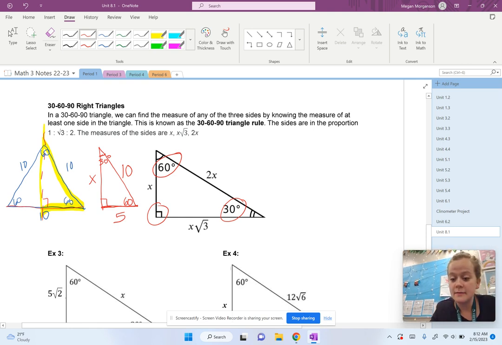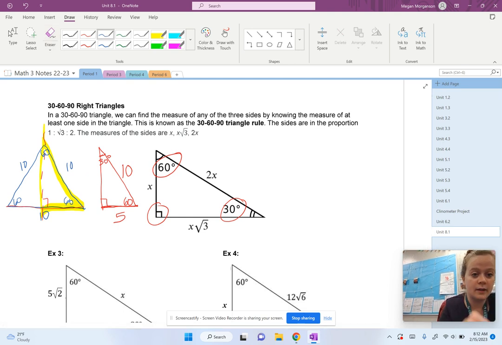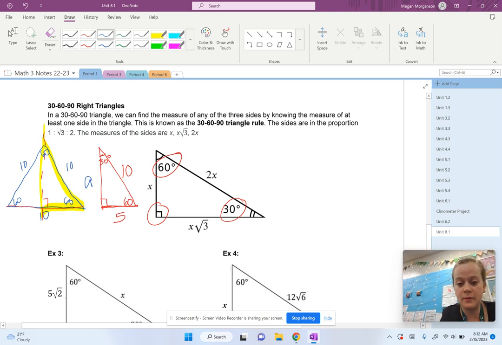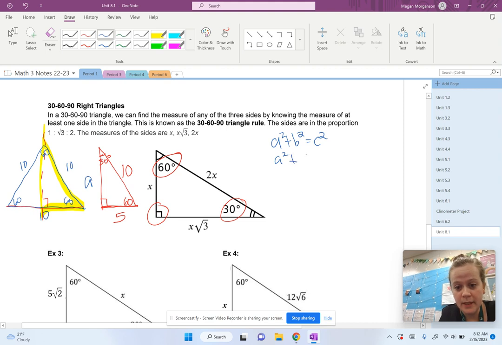In order to do that, let's do some Pythagorean theorem work again, because we've got two sides, we need to figure out the third. So I'm going to set it up over here. We've got a squared plus b squared equals c squared. A we don't know, b is 5, and c is 10.